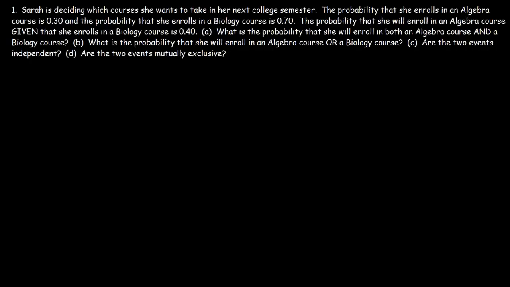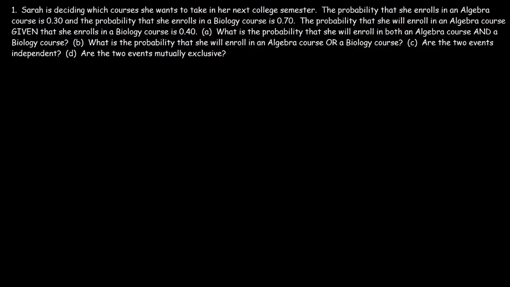Now, let's go ahead and put this information to good use. Sarah is deciding which courses she wants to take in her next college semester. The probability that she enrolls in an algebra course is 0.30, and the probability that she enrolls in a biology course is 0.70.